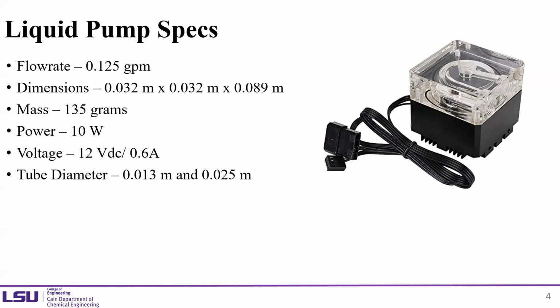Its power output is 10 watts. Its voltage is 12 volts and its amperage is 0.6 amps. And it has two different sets of tube diameters that you can interchange throughout. These two different tubes came with the pump itself. And those two diameters are 0.013 meters and 0.025 meters.